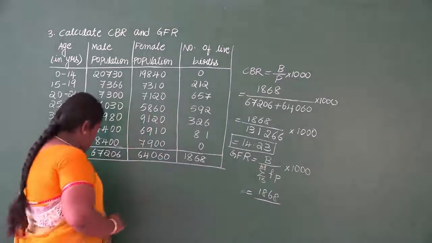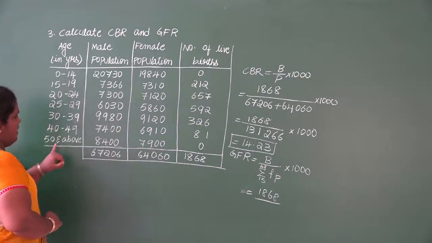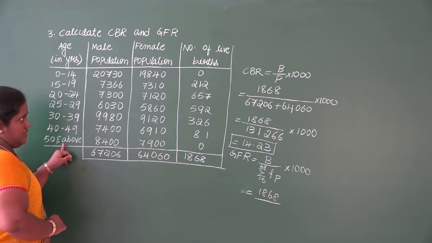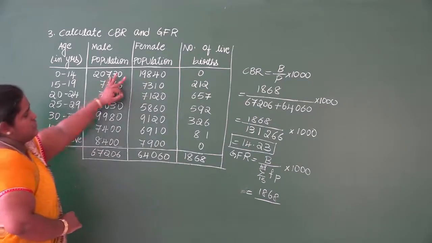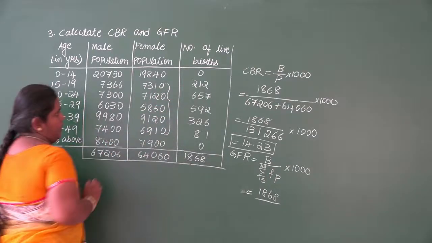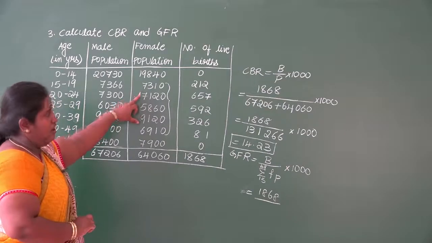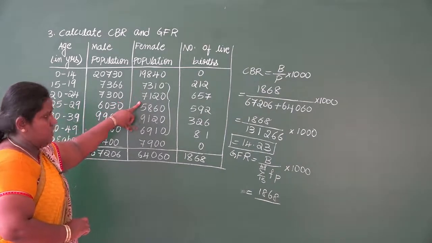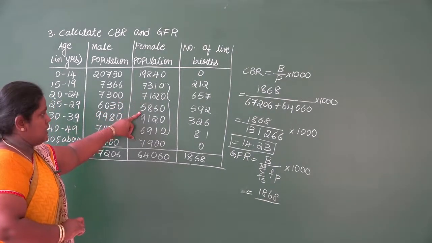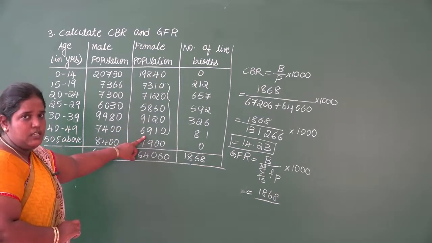So if you check the age group here, we have even 0 to 14 and 50 and above. So we'll not take the first value and the last value. The remaining female population you have to add. So you have to add 7,310 plus 7,120 plus 5,860 plus 9,120 plus 6,910.